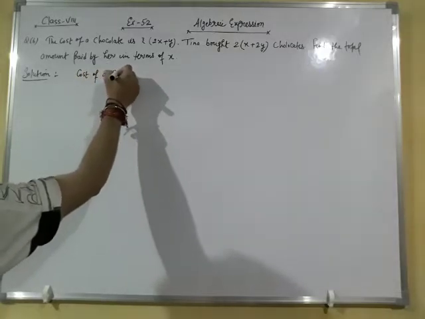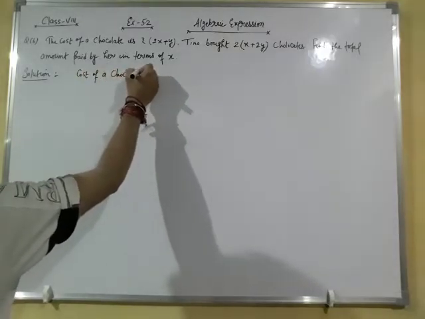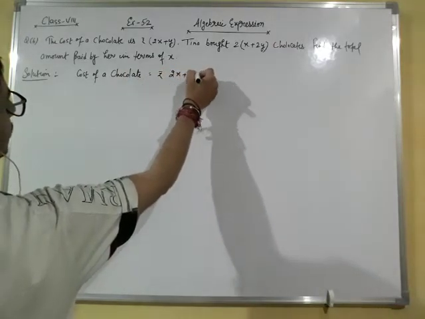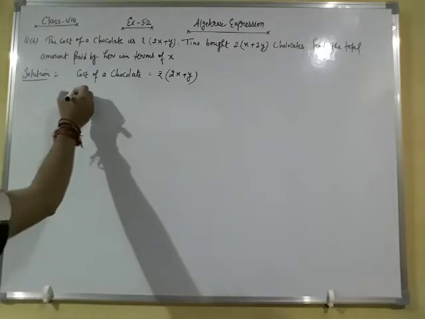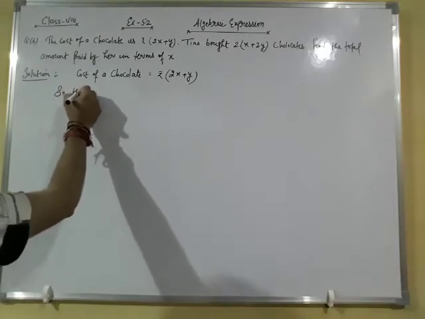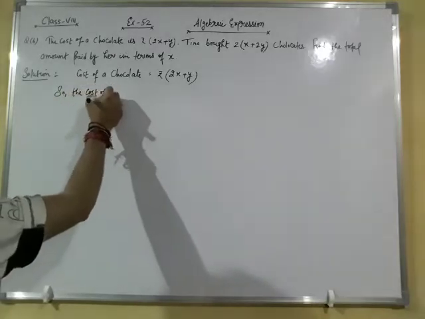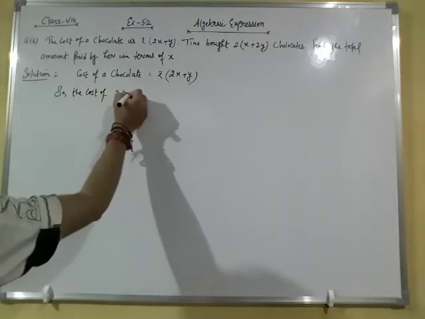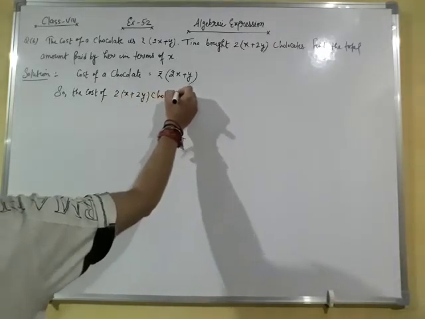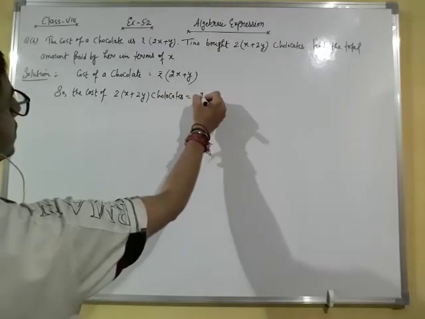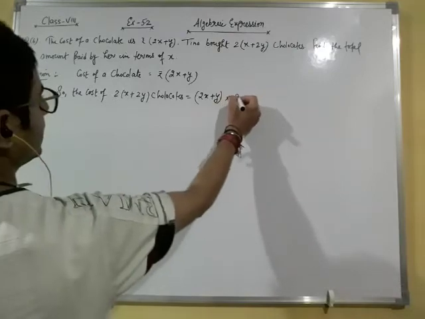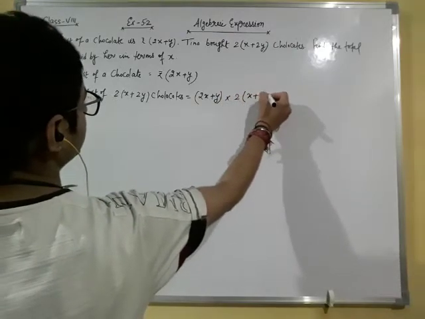Cost of a chocolate is rupees 2x plus y. So the cost of 2 into x plus 2y chocolates will be equal to 2x plus y multiply 2 into x plus 2y.